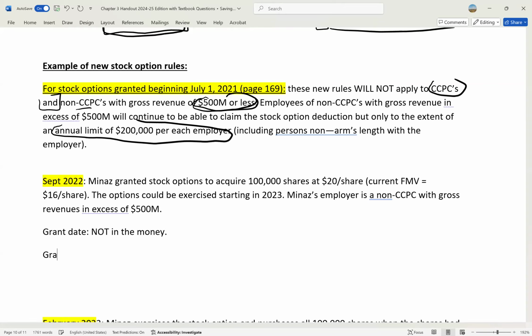But also on the grant date, we have to determine what we refer to as the qualifying shares. And this is where that 200,000 annual limit comes in. We determine the qualifying shares, meaning the shares that will qualify for the 50% deduction.